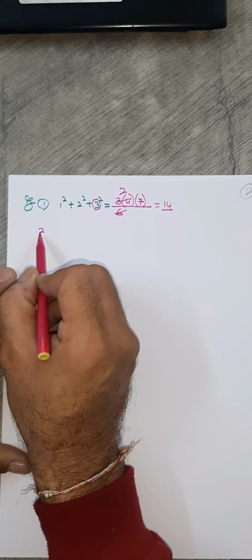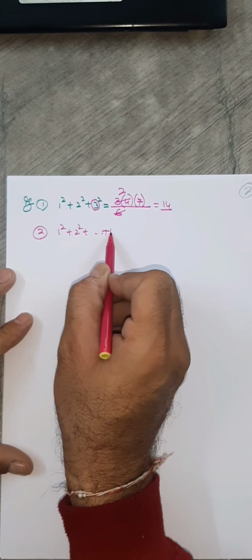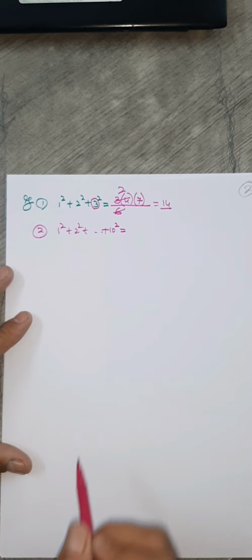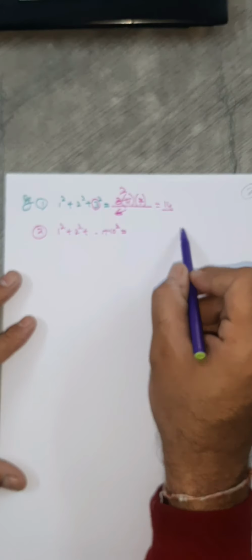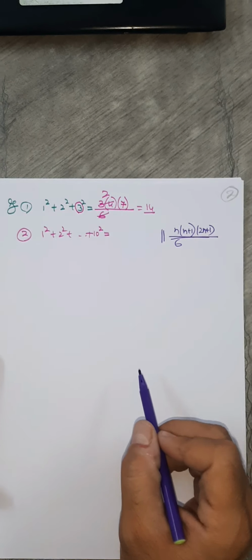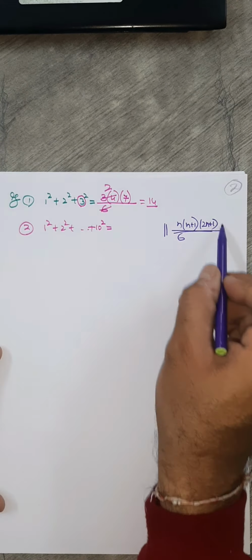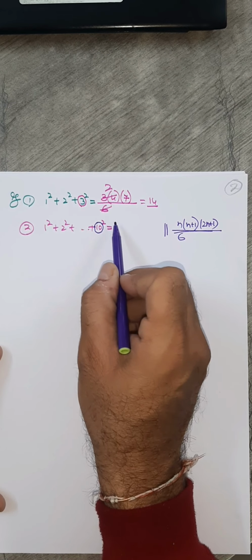Directly, if I want to get this, suppose 1 square plus 2 square up to 10 square. Now doing it manually becomes a little bit tedious. So what can you use? You can use the formula. Which formula? n by 6, you have n plus 1 into 2n plus 1. We might have done this using PMI. Just check the PMI exercise. Okay, so here n is 10, not 100, remember.